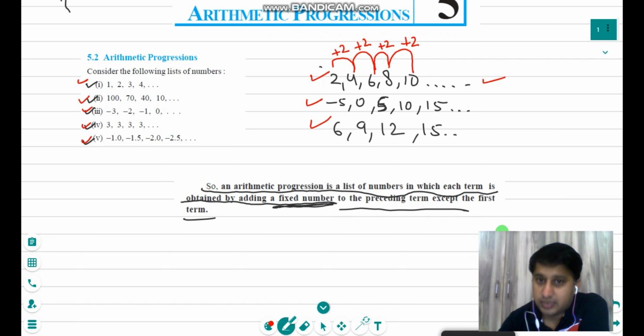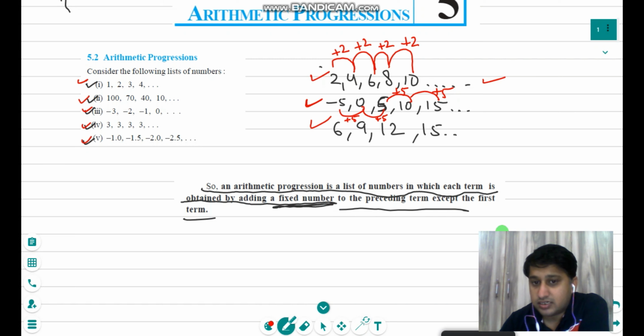Okay, then coming to this one, if we add plus 5 to minus 5, it will become 0. Then we are adding again plus 5, and again plus 5, and again plus 5. So we are obtaining a list of numbers in which a fixed number is added to the preceding term. These all are terms, 2, 4, 6, 8, 10.